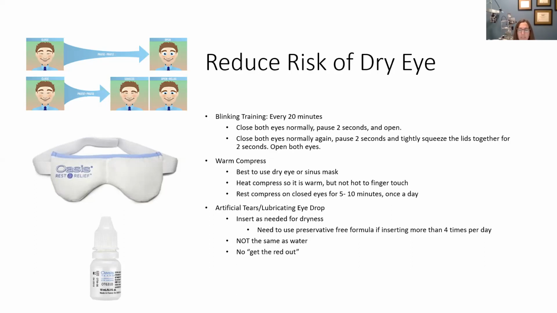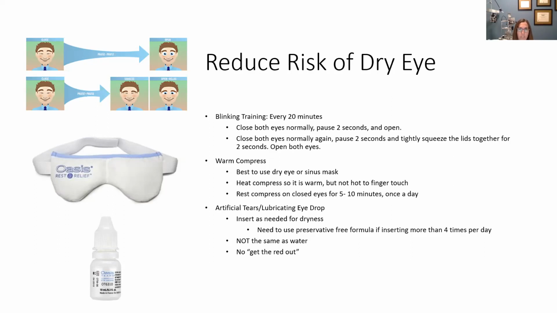However, tears that say get the red out, they do have an added medication in them. That added medication makes your eyes white by constricting your blood vessels. So when your blood vessels are smaller, your eyes are not going to look as red. The problem with this is, though, if you continuously use that drop, those blood vessels feel like they need that medication to be small.